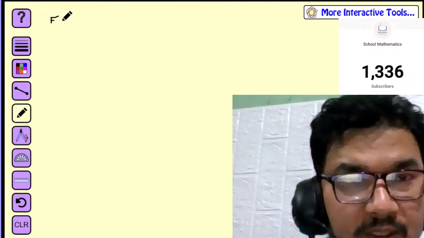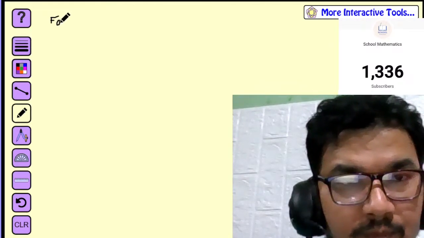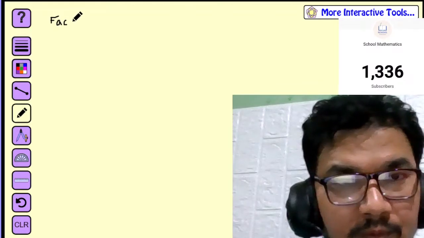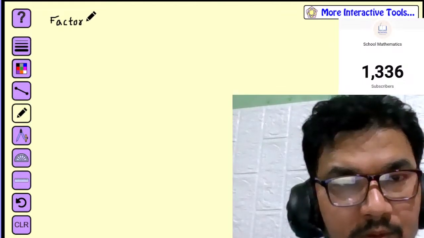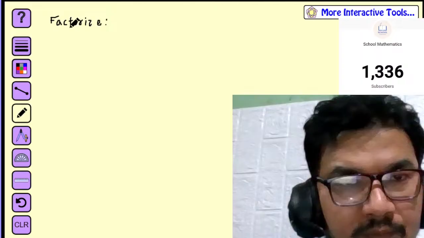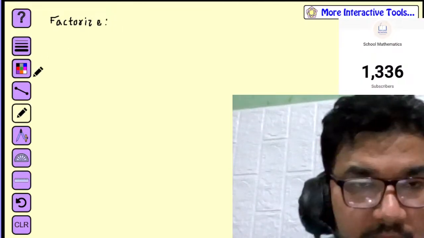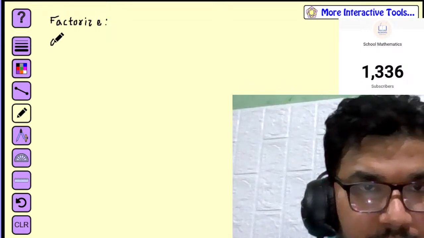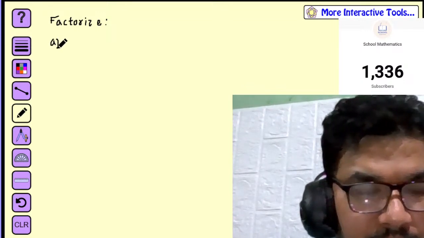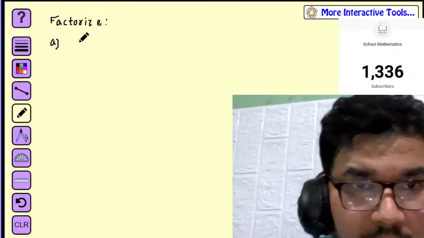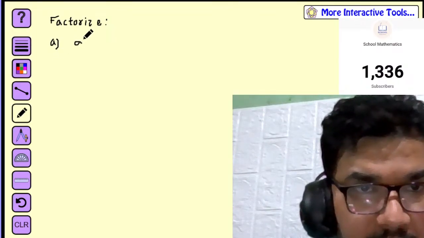Okay, this is the factorization of algebra. The question will be asked like this: factorize. Suppose you are given a number, suppose here is given a square.